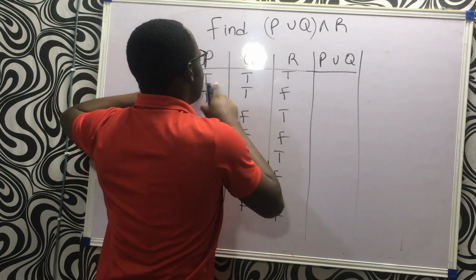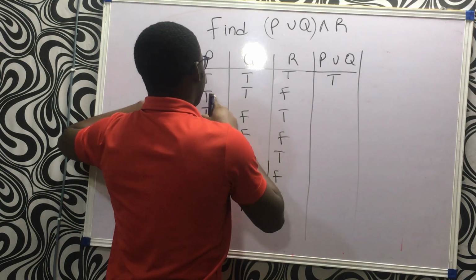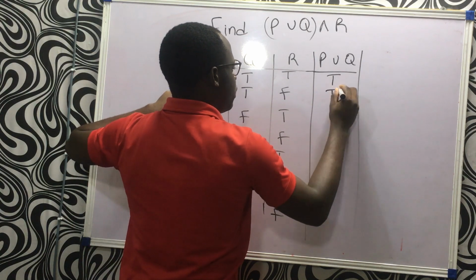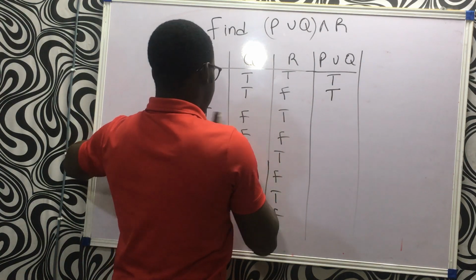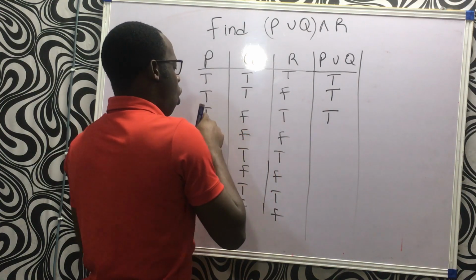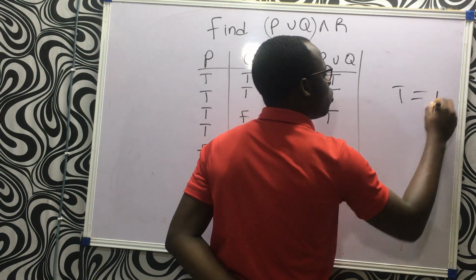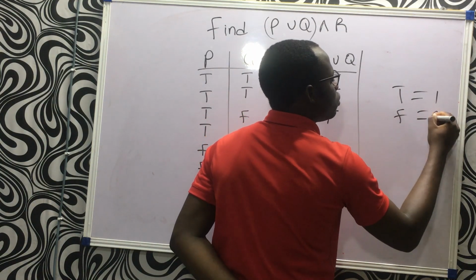So P or Q. T, because any of the inputs is true. TT, any of the inputs is true. TF, yes, we still have one of the inputs to be true. Or you can say, remember, I said T is equal to 1 and false is equal to 0.